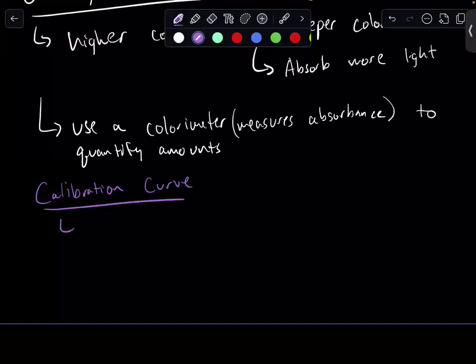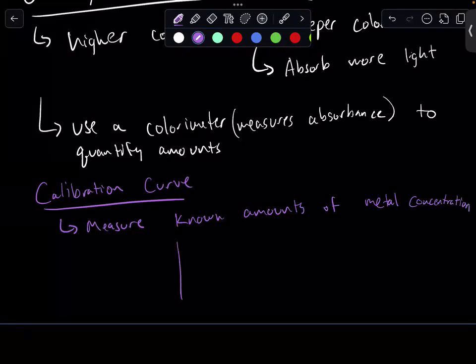So for a calibration curve, we measure known amounts of metal, or known amounts of metal concentration.